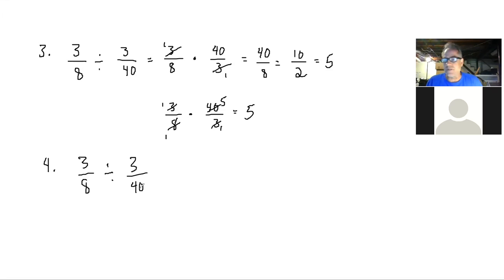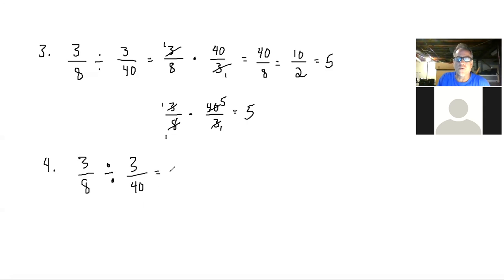One, the very first word of the instructions says divide, period. So you know the first thing you want to do is flip this because you're dividing. And two, I'm just writing down the problem as it's given. Even if I did not have the instructions, as soon as I see this, I read it as 3/8 divided by 3/40.